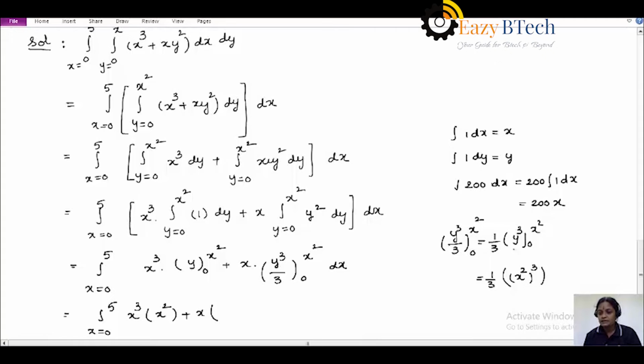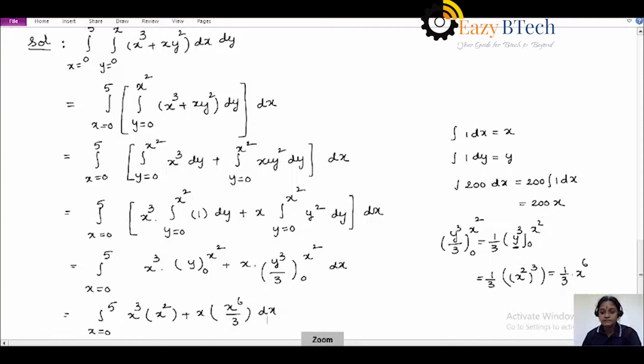Students, in the place of y we are substituting the limits; the value of y for the upper limit is x square, so substitute x square in the place of y with the whole power 3. 1 by 3 x power 6 is the answer. Now here I am writing x power 6 by 3 and again dx.